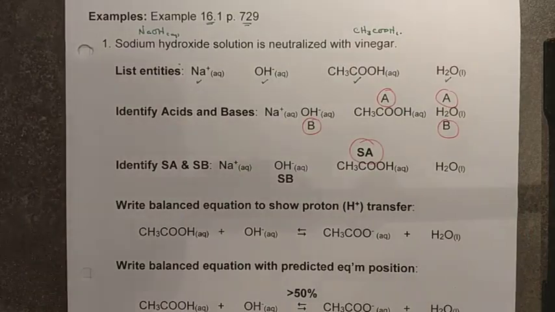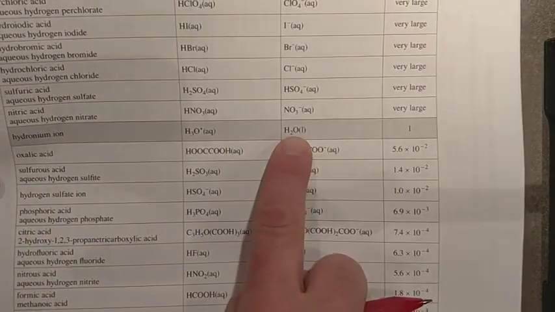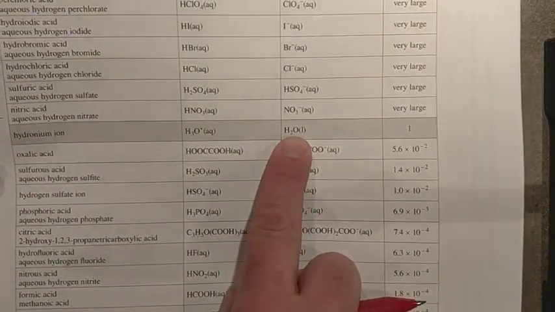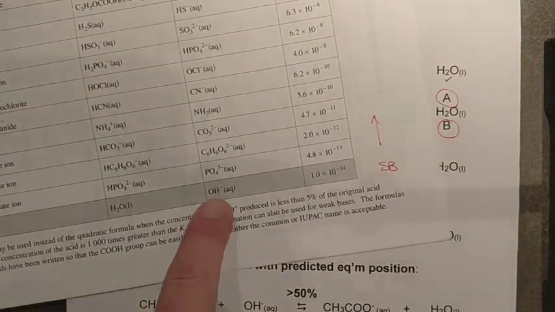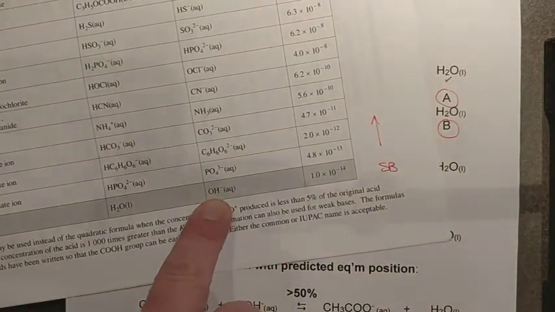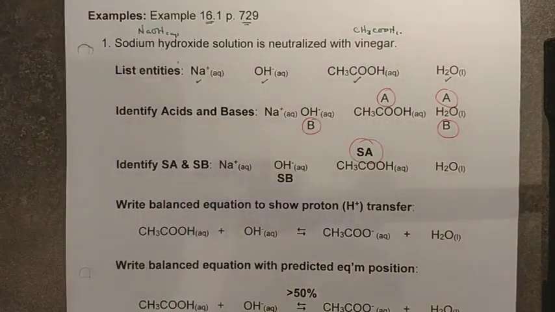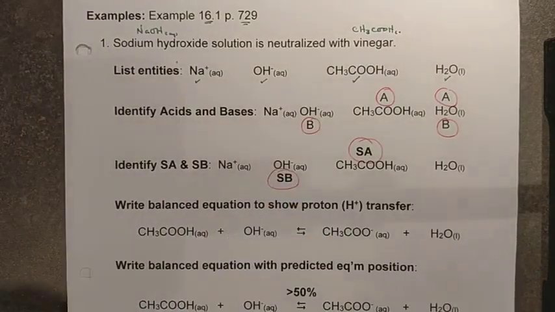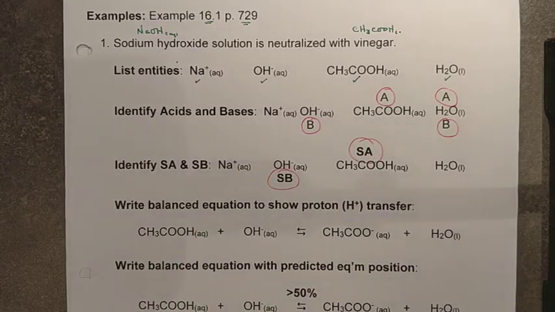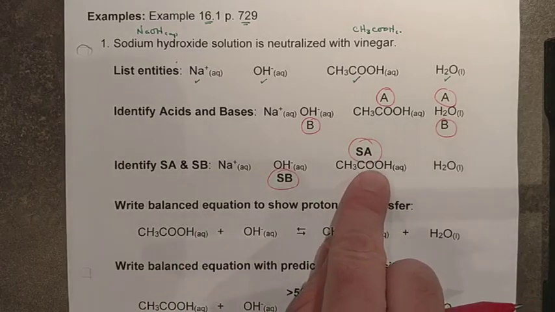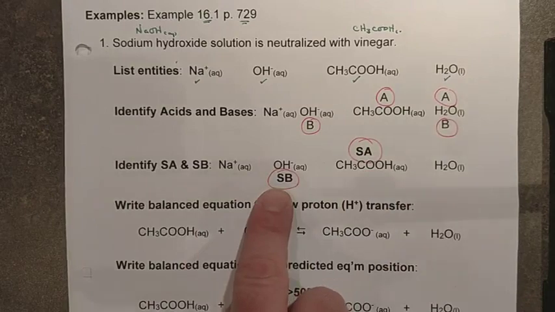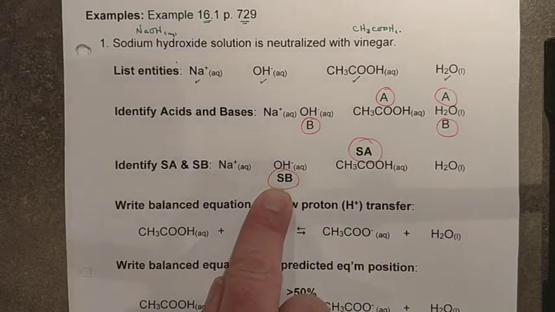When we take a look at our bases, you have water way up here on the weak side of the base category, and you have the strongest of all of our bases, the hydroxide, down here at the bottom. So hydroxide is our strongest base. Therefore, our proton transfer is going to be between acetic acid, the strongest acid, and hydroxide, the strongest acceptor.